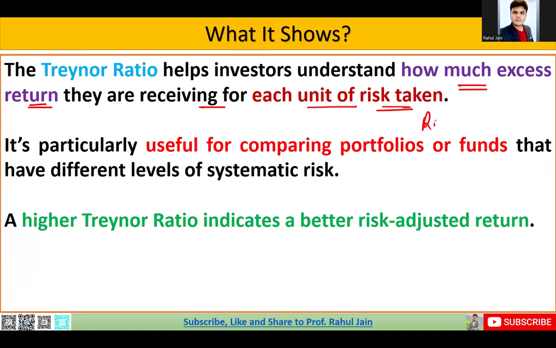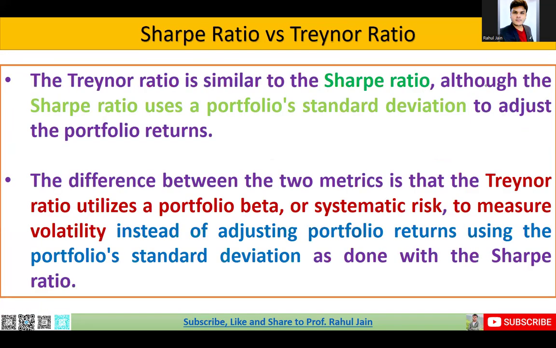So it is ultimately a risk versus reward metric. It's particularly useful for comparing portfolios or funds that have different levels of systematic risk. A higher Treynor ratio indicates better risk-adjusted return, meaning whatever amount of risk an investor is taking, the corresponding return is better. So this is what the Treynor ratio reflects.